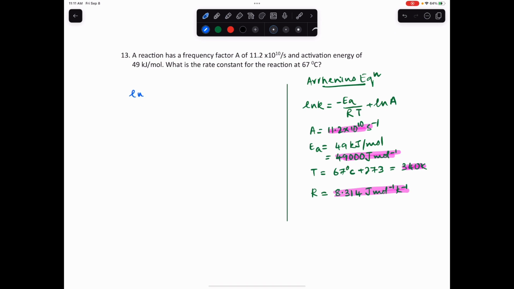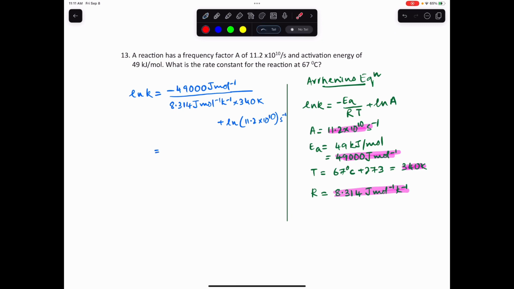So we have ln of k equal to minus 49,000 joules per mole, over 8.314 joules per mole per Kelvin times 340 Kelvin, plus ln of the frequency factor, which is 11.2 times 10 to the power 10 per second.